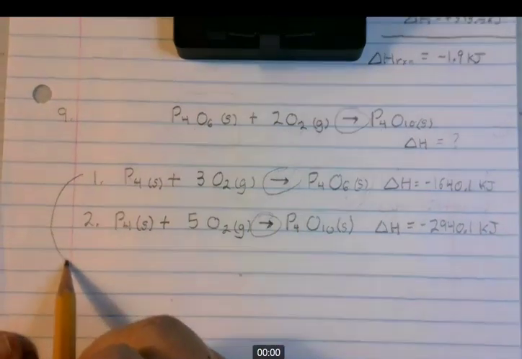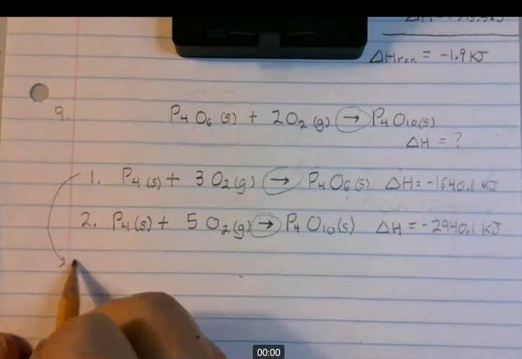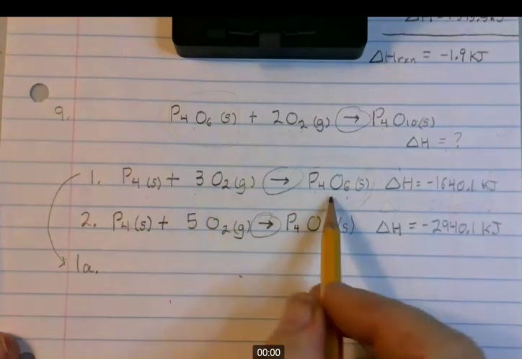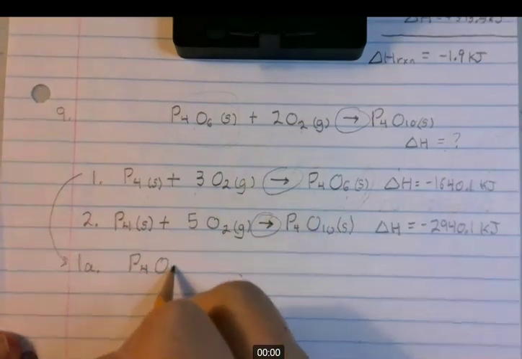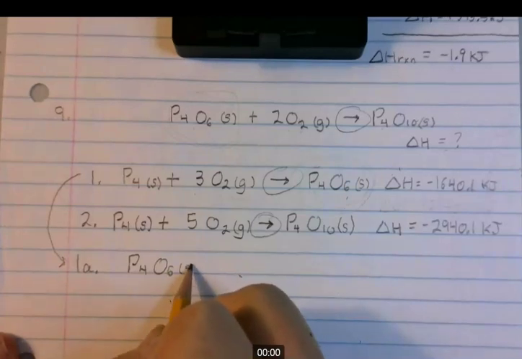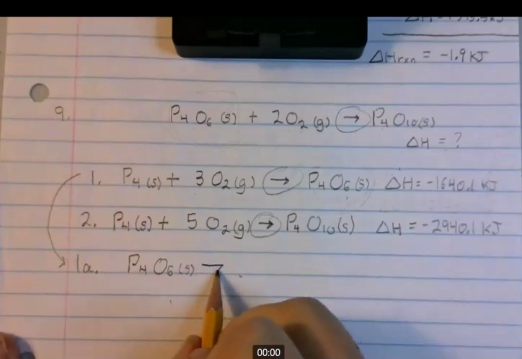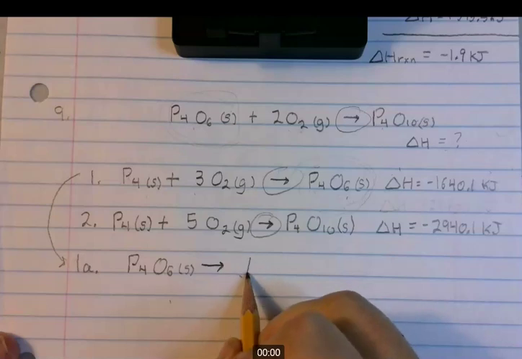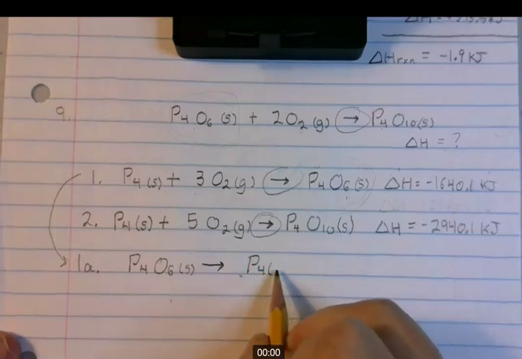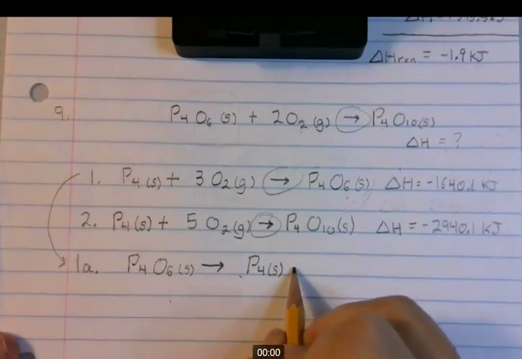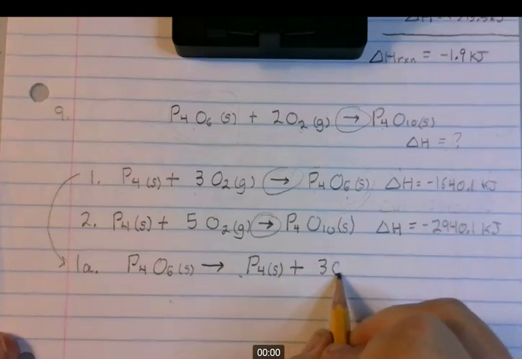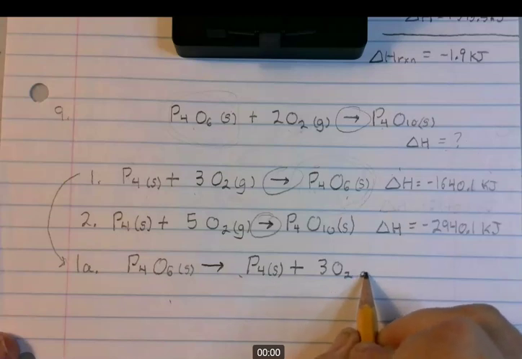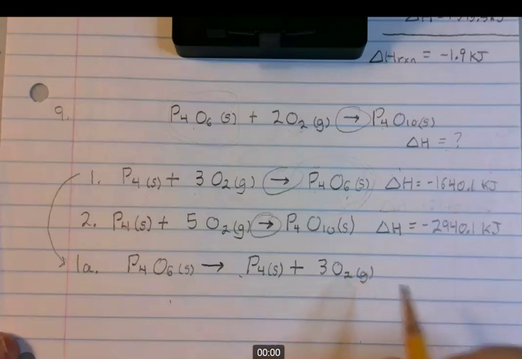So I'm going to just draw an arrow and call it 1A, and just flip this thing around. So it's P4O6. Okay, and there we go.